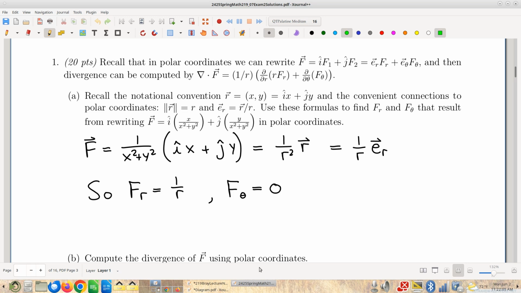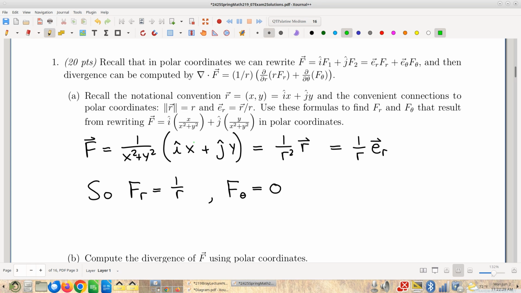But notice this is just a little bit of practice playing with viewing a vector field in polar coordinates and dealing with this formula for divergence, which is in terms of the polar representation of your vector field.